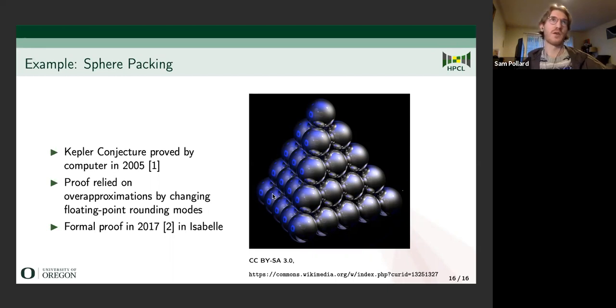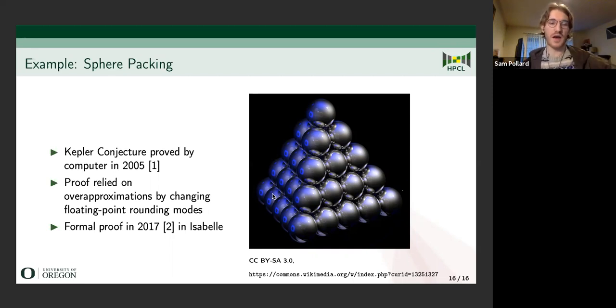Now, one might have difficulty calling this a very real world example, but mathematicians hold a very high standard of what would be considered a proof. And so this was a big step for computer proofs, because it meant that we can sort of trust computers to do some math for us, given that we're very careful about floating point.